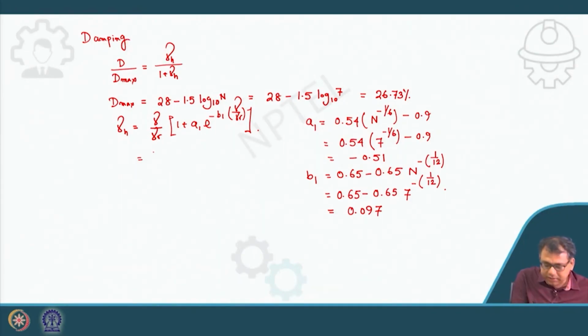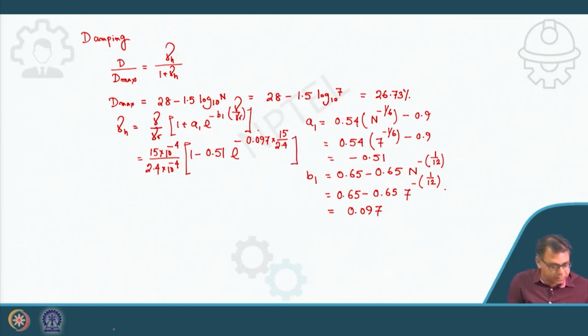Now I will put here, this strain is 15 into 10 to the power minus 4 divided by 2.4 into 10 to the power minus 4. 1 A1 is 0.15 e to the power minus 0.097 into say 15 by 2.4. Okay. So it is coming out to be 4.51.